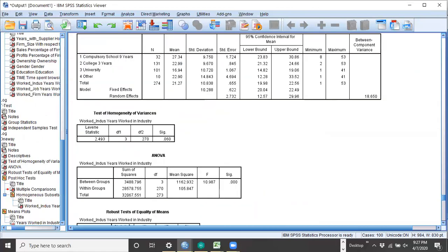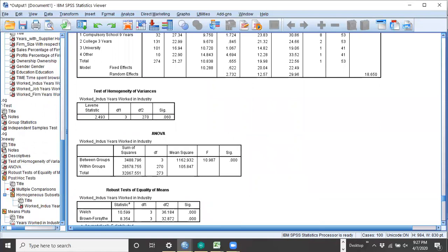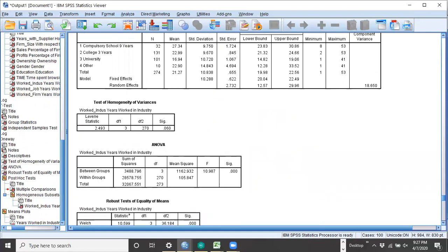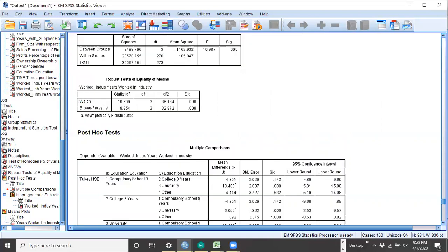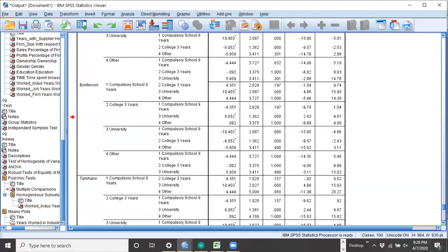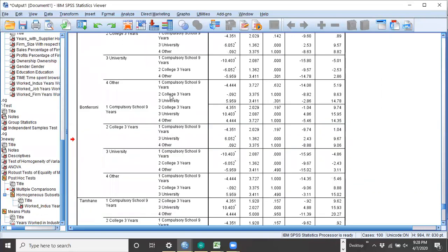This should help you determine how to read the tables, how to reject or fail to reject and all. And the last thing I would ask myself, why is there this difference, right? Perhaps simply that somebody who got the university degree just spent more time at school, therefore they had less time for working in industry.